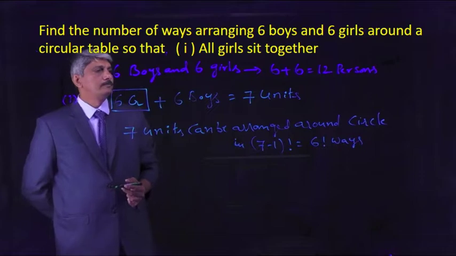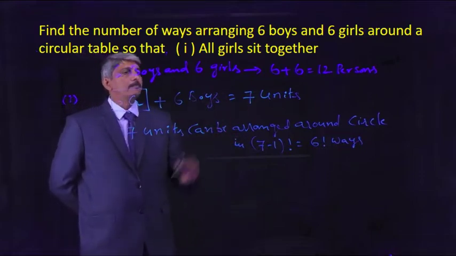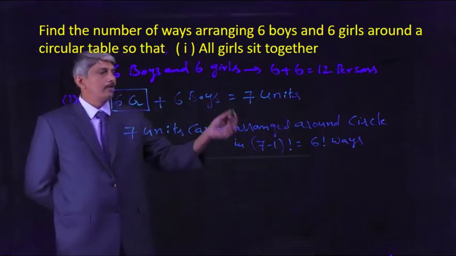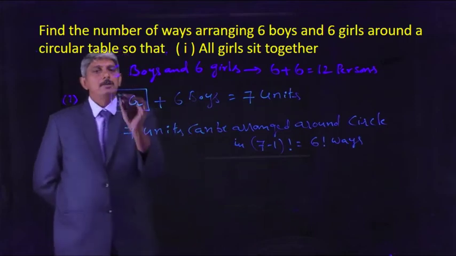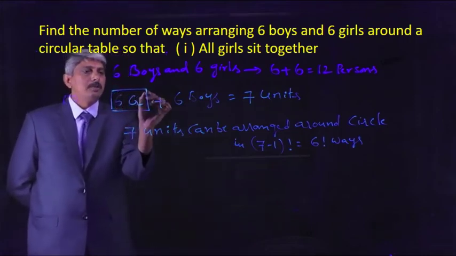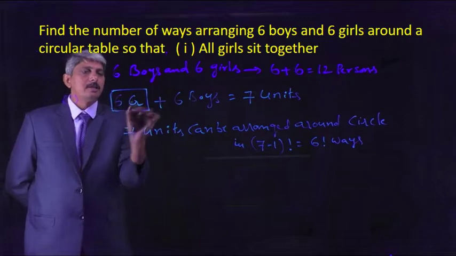After arranging these 7 units around a circle, what about the bundle? The bundle contains 6 girls.